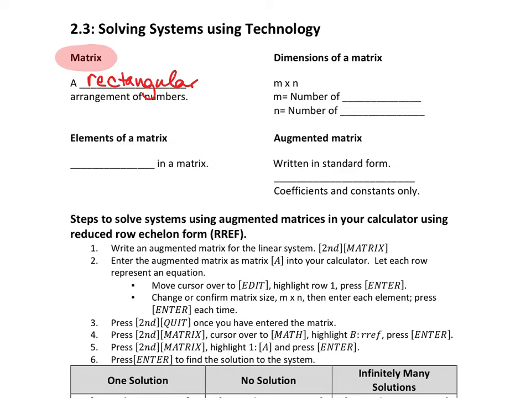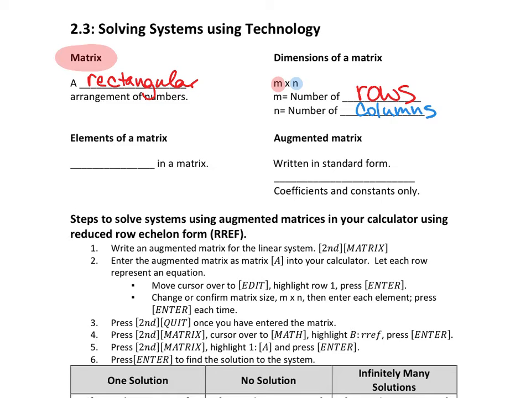The dimensions of this matrix are always m times n, which m is the number of rows, and n is the number of columns. So when we talk about the dimensions of your matrix, which we will need to talk about for using your calculator, we're going to need to know the dimensions, row by column, row by column.